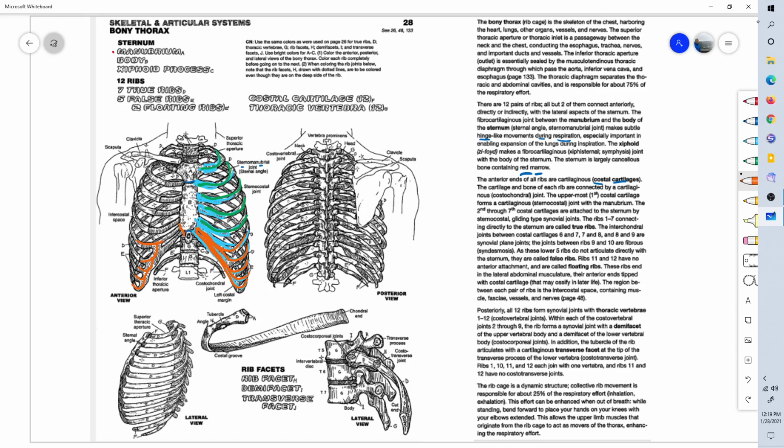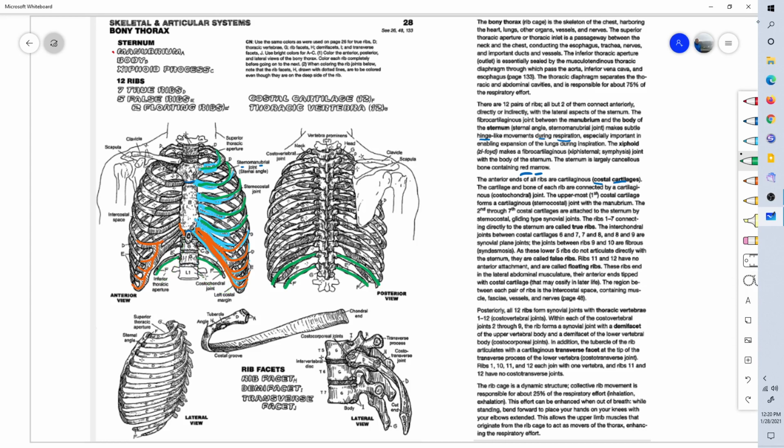But first, let's talk about another type of rib in the back. Ribs 11 and 12, they are called floating ribs because they have no connection with the sternum. They end right here. It's as if they are floating. They do not come around and make a connection with the sternum, nor do they have a cartilage connection.